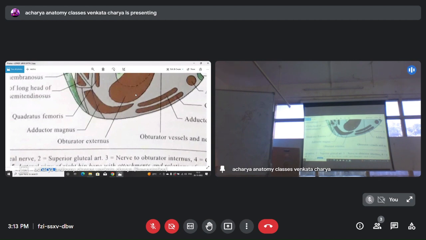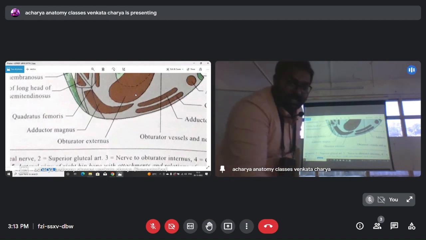Three muscles originate from the external surface of the inferior ramus. Okay, next, internal surface.